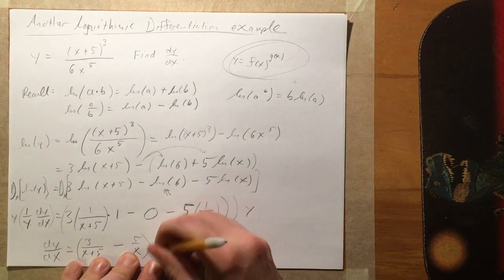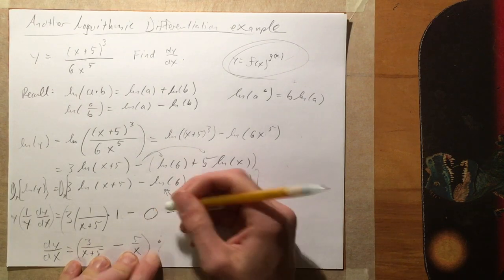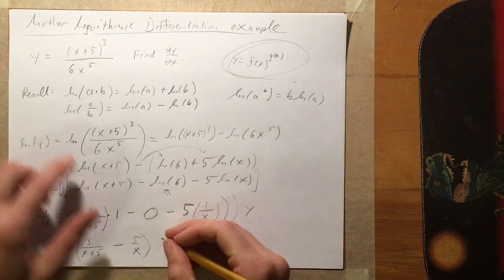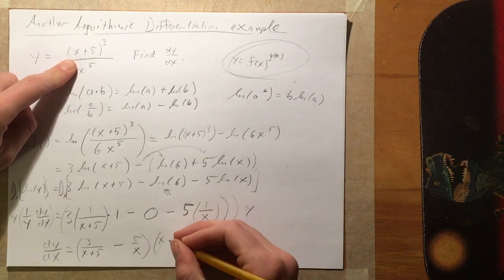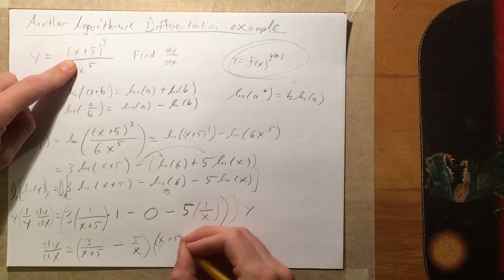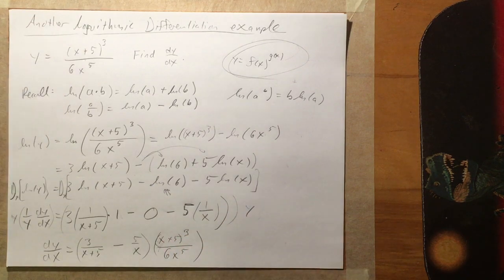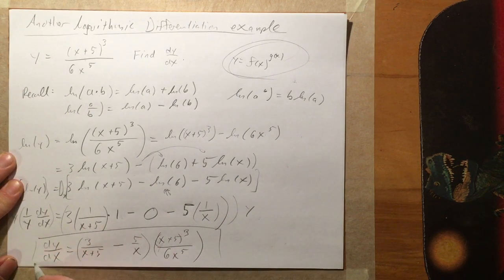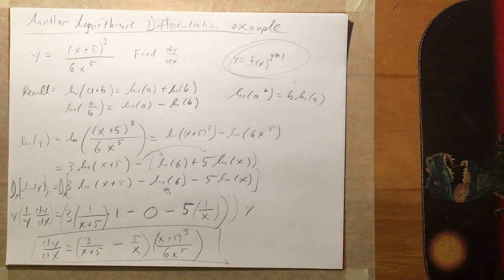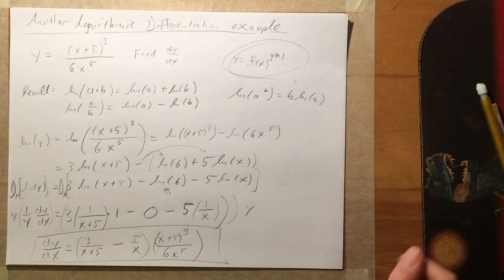Or you can replace the y with what y was equal to when we started, which was (x plus 5) cubed over 6x to the 5th. And then now we have dy over dx as a function of x. So there's another example of logarithmic differentiation.